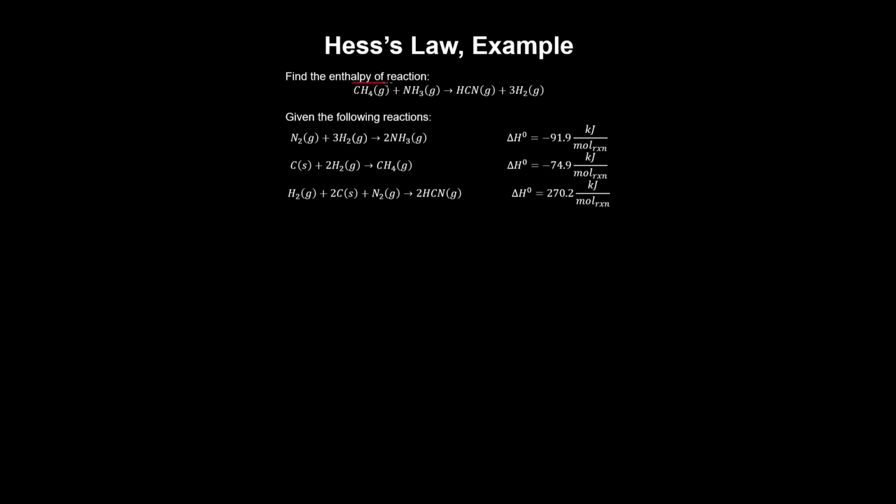Let's find the enthalpy of this reaction given the following reactions with the following enthalpies. So here ammonia is on the right hand side, but it's on the left hand side in the overall reaction. So what we do is reverse this reaction by flipping the reactants and products.